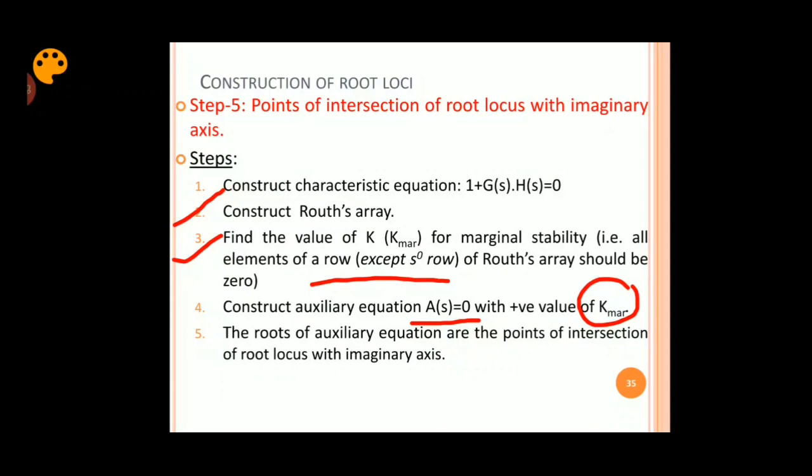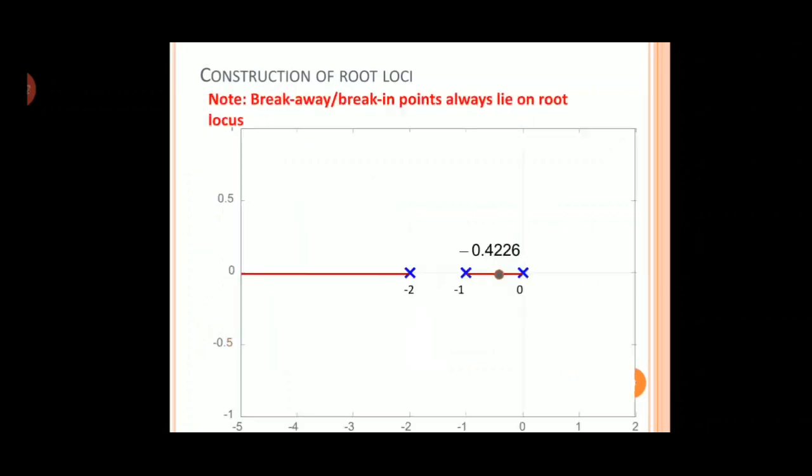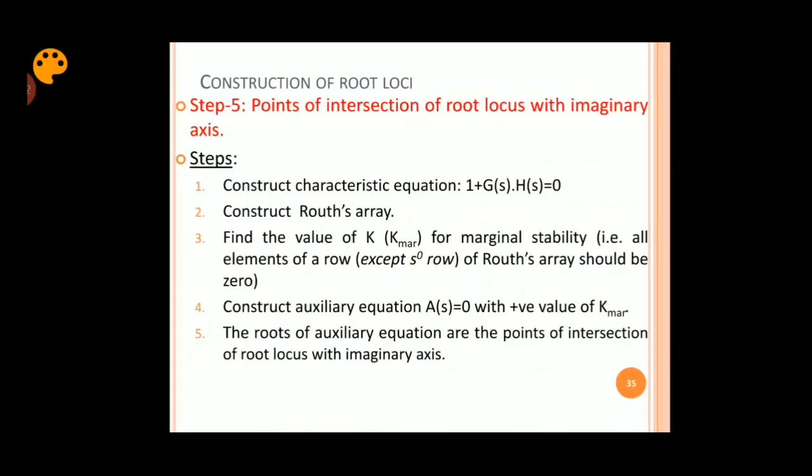And the roots of this auxiliary equation are nothing but the points of intersection of root locus with imaginary axis. So one thing you can see from here is it is a point on the imaginary axis. That means the points of intersection will always come as pairs of purely imaginary terms.